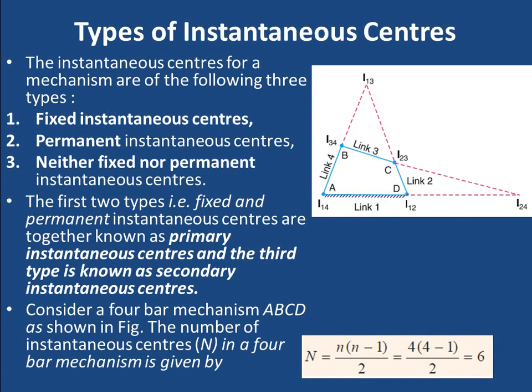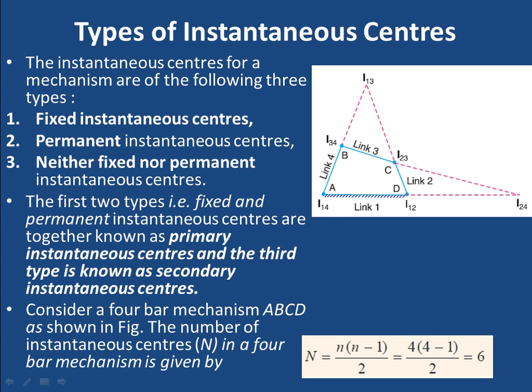Let us see the different types of instantaneous centers. There are basically 3 different types. One is the fixed instantaneous center. You can see in this figure, ABCD is a 4-bar mechanism, and AD is a fixed link, that is link 1.